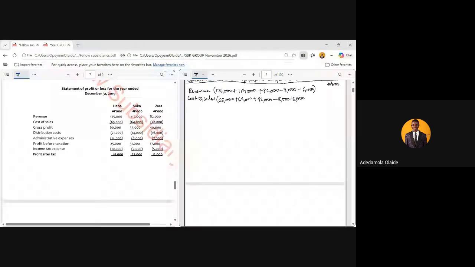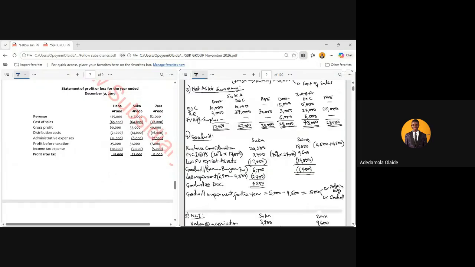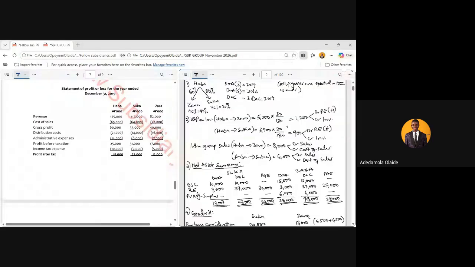It would have been part of the cost of sales to Suka and Zara. But that's not all. Even the unrealized profits would have affected Suka and Zara's cost of sales because they would have deducted closing inventory at that high price, which is inclusive of Abba's profit element.